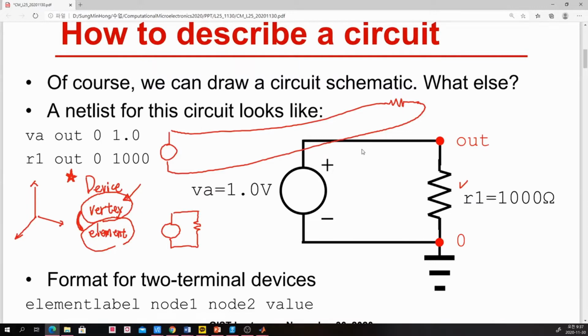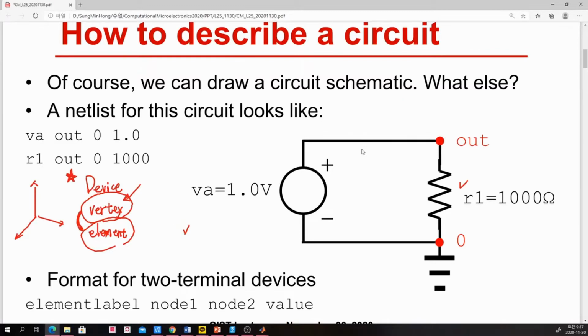You can find that there is no difference between this schematic and this schematic. So they are identical. However, if I draw two different devices in my editor, then they are really different.